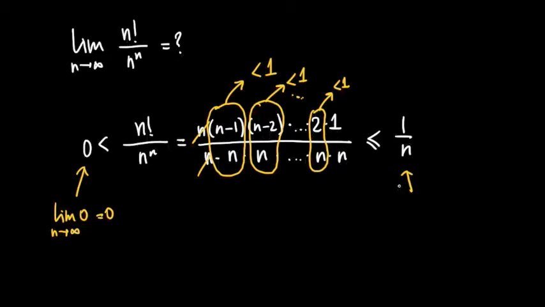The limits of the outer sequences are both 0, so the limit of the sequence n factorial over n to the power n is also 0 by the squeeze theorem.